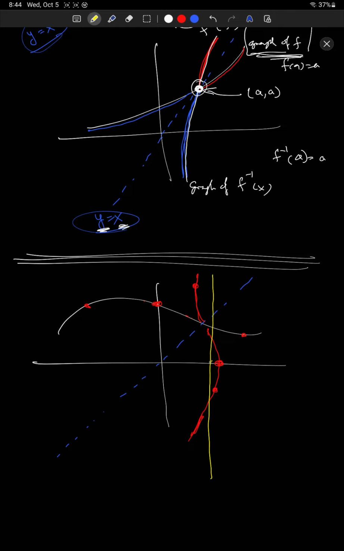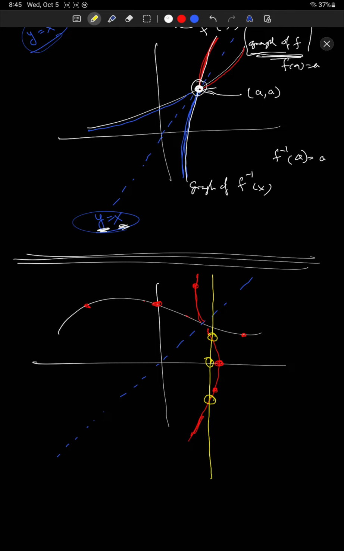for the inverse function, this input corresponds to that output and that output. So this inverse function, the red one, is not going to satisfy the vertical line test. So it's actually not a legitimate function.